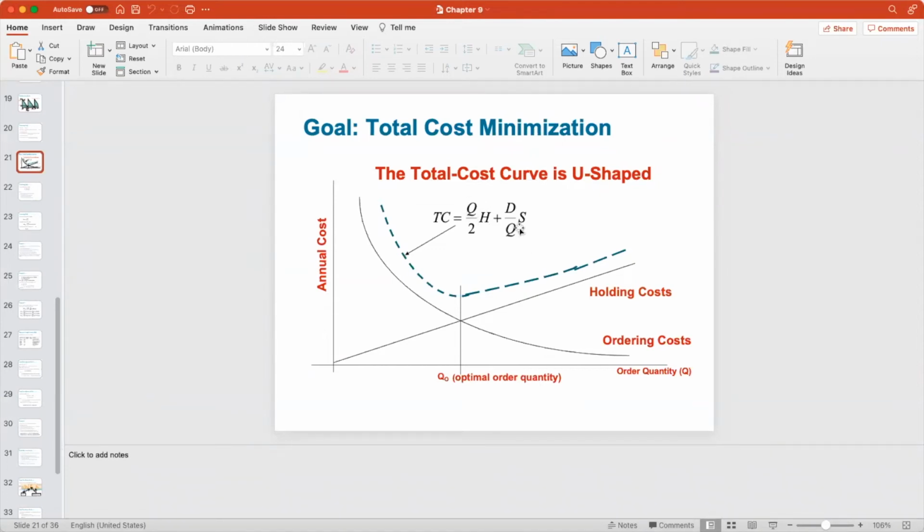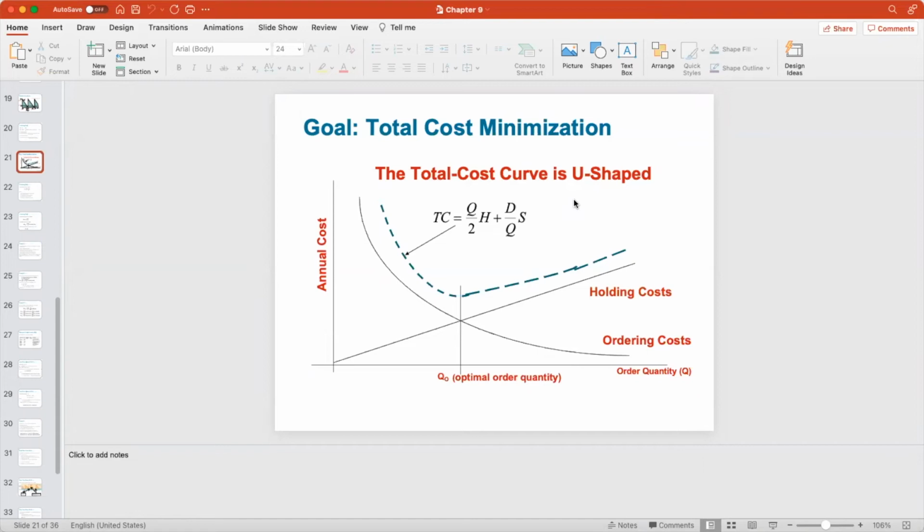However, simultaneously, within the annual ordering cost expression, Q is in the denominator. If we increase Q, the annual ordering cost will go down. This is very intuitive, right? When you increase your lot size, you increase your annual holding cost. However, on the other hand, the annual ordering cost will go down. So that's a brief illustration of how to look at this specific equation.